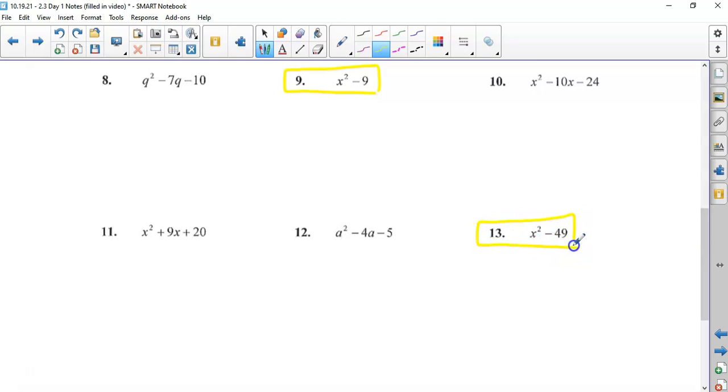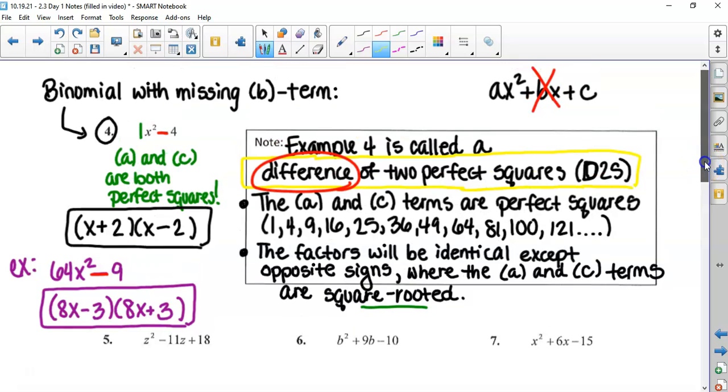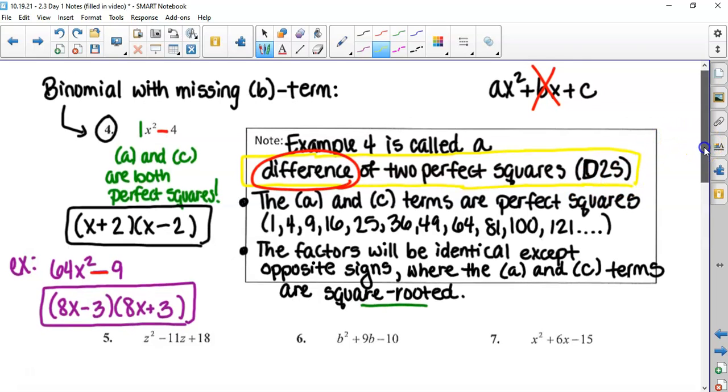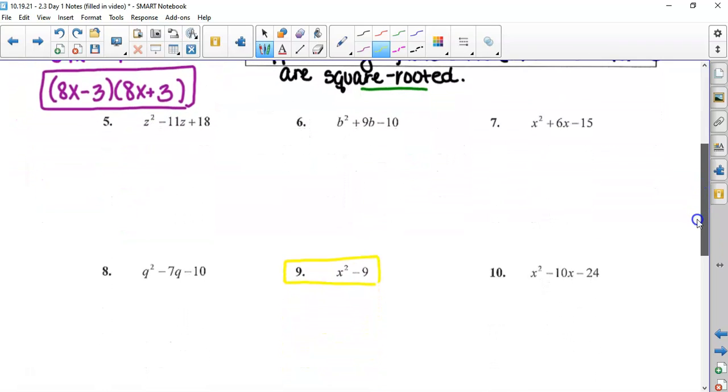Because we're technically right now in A equals 1 land, that's why both of these just have A equals 1. But I wanted to put this one here because this is also where we're headed with the difference of two perfect squares. All right, nice job. Super important note, make sure you highlighted that. This is going to come up starting now throughout our factoring practice. Let's keep going with our practice.